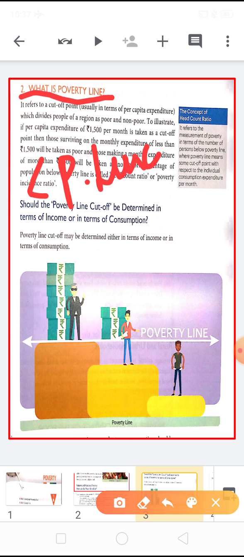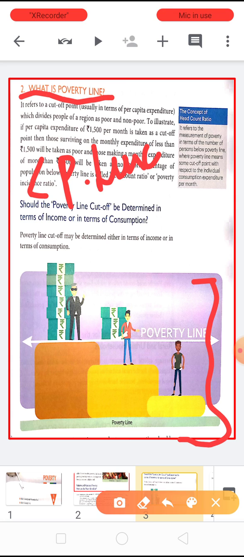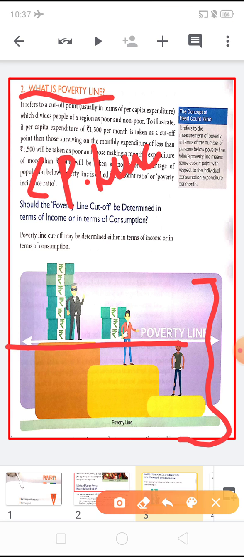Now the next question arises: should the poverty line cutoff be determined in terms of income or in terms of consumption? Children, the poverty line cutoff may be determined either in terms of income or in terms of consumption. Here you are observing the poverty line, which explains the concept of poverty.